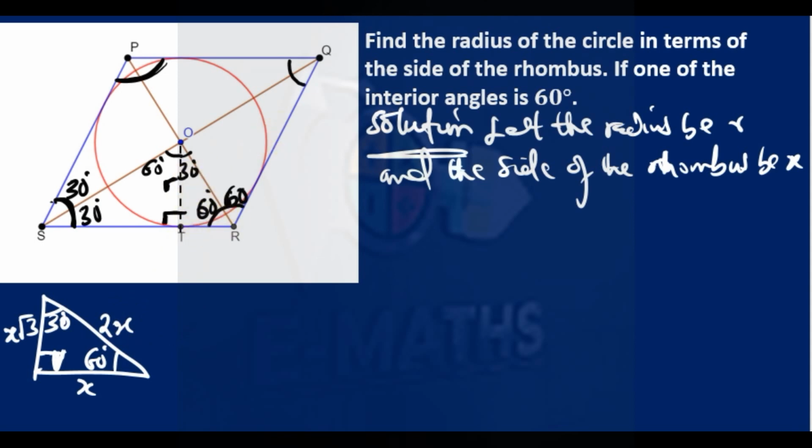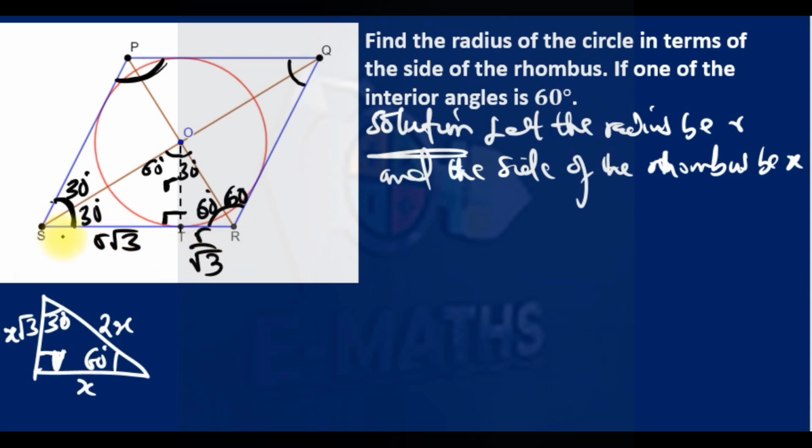So I will use it here first. If we call here r, the one opposite 30, taking this triangle, the one opposite 60 will be r root 3. Using this theorem, the one opposite 60 is r, so the one opposite 30 will now be r over root 3.